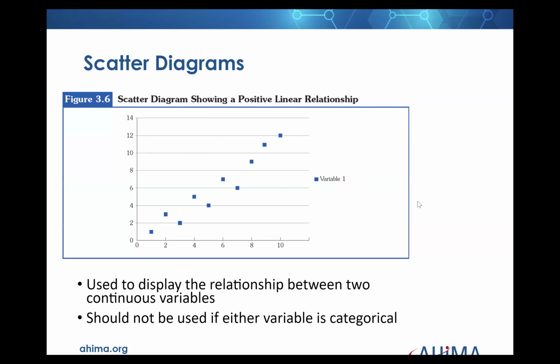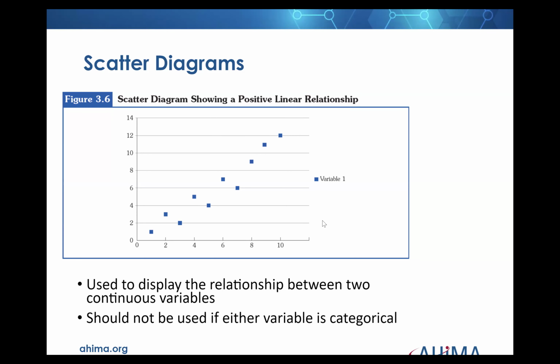Scatter diagrams are basically showing the relationship between two variables, right? Two continuous variables, right? So if we have a variable, say like a PSA score, and then another variable, prostate cancer, we can see this kind of a correlation. So if there's a positive linear relationship, this means that the higher the PSA, the higher the incidence or likelihood of prostate cancer is.